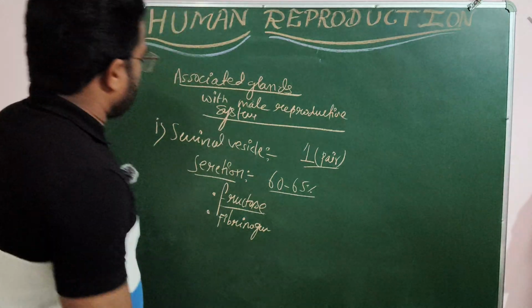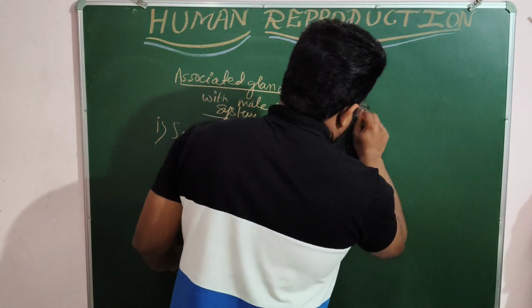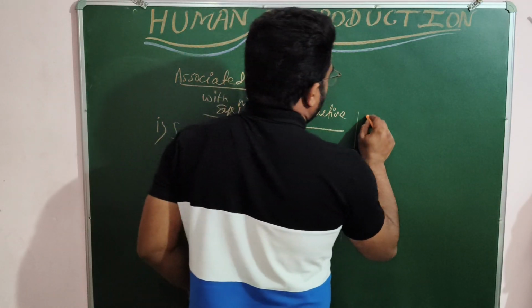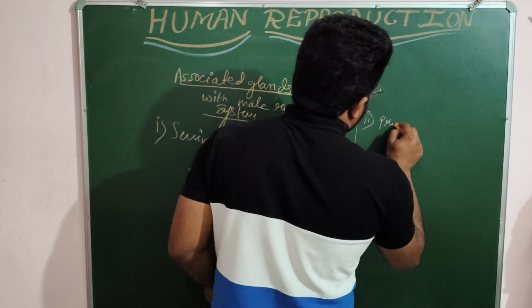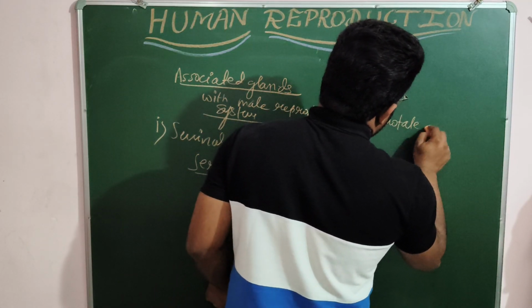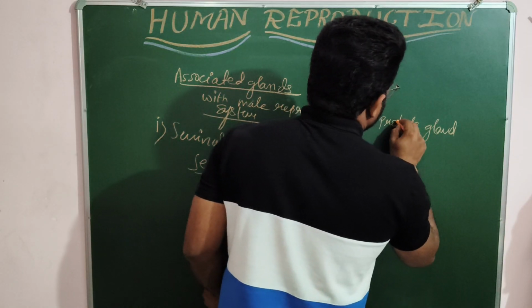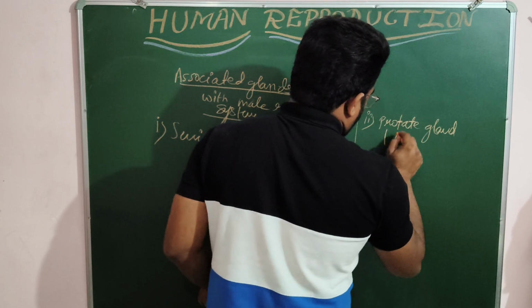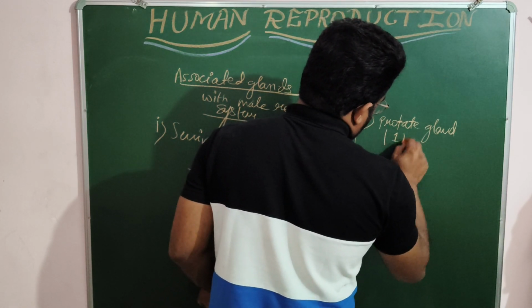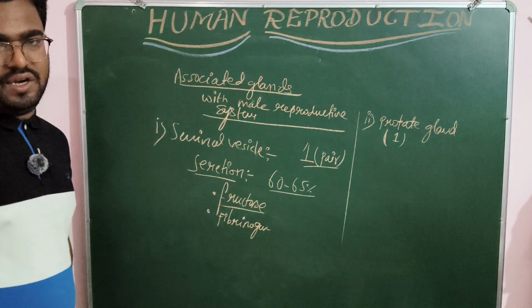Let's talk about the different glands. The next gland is the prostate gland. It is single, one number only. Its location is the base of urethra.